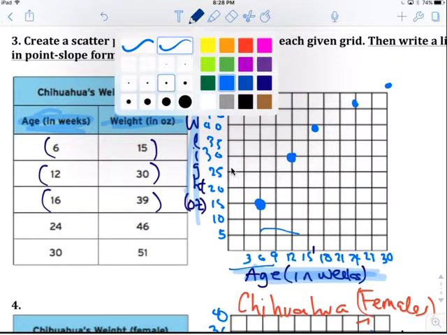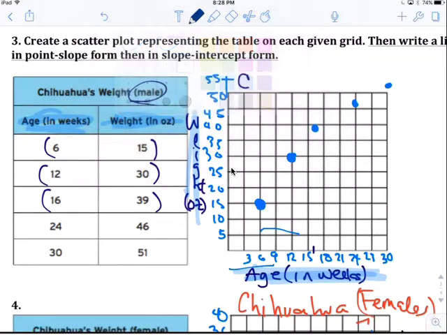Okay, you draw the line of best fit, like that. It doesn't have to hit the dots, just need to be in the middle.